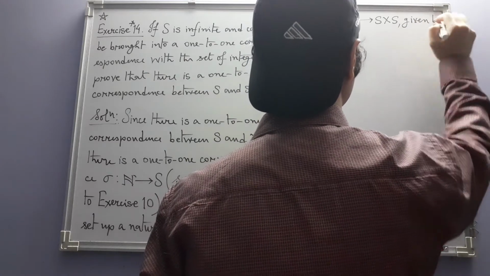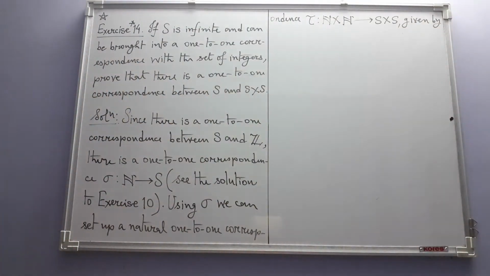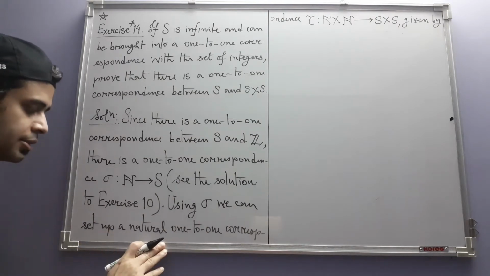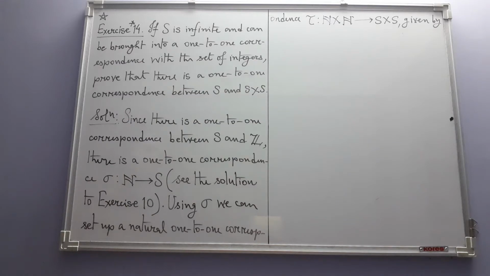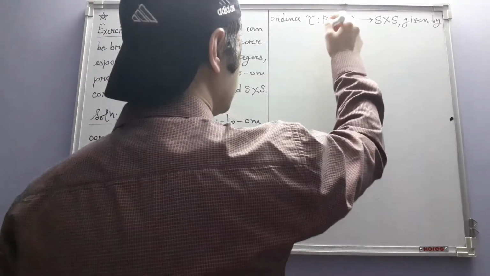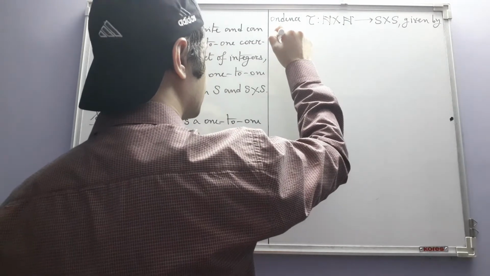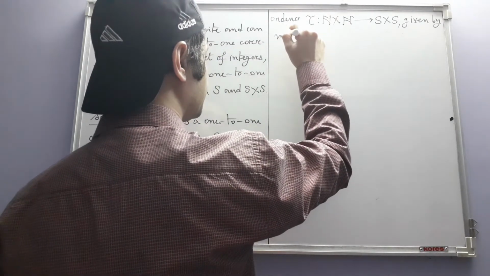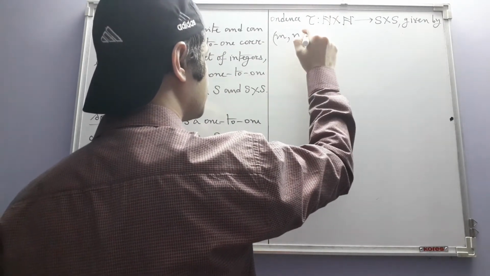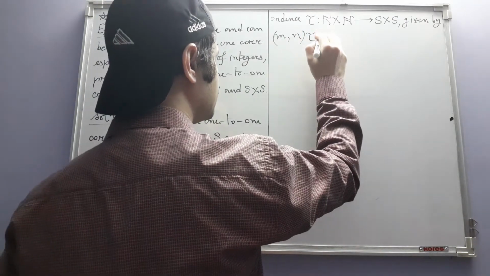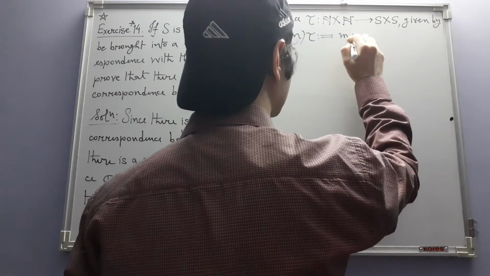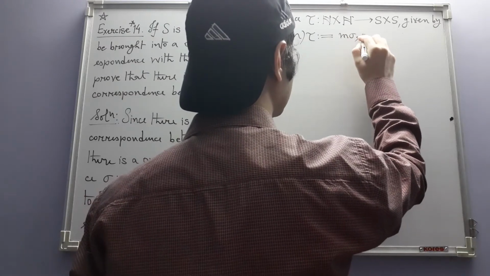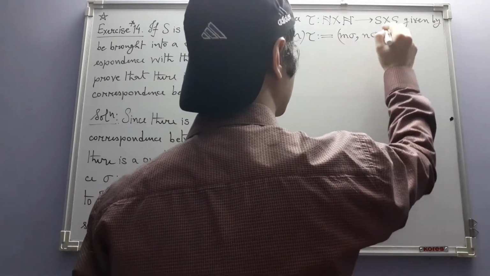Given by, okay, now we say natural because in the definition of this function tau, you will see that it naturally uses sigma. How? You take an element from here, it will be an ordered pair of natural numbers. Its tau image is defined to be equal to (m sigma, n sigma).